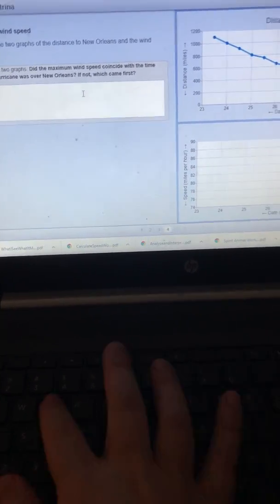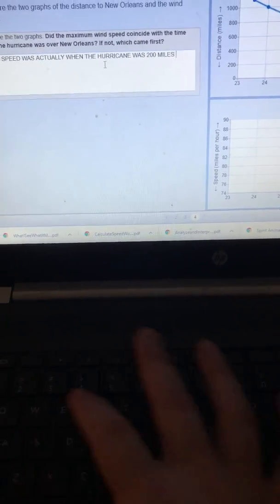You're gonna write, I'm gonna do this with one hand. So, max speed was actually when the hurricane was 200 miles away, and it was coming and going.